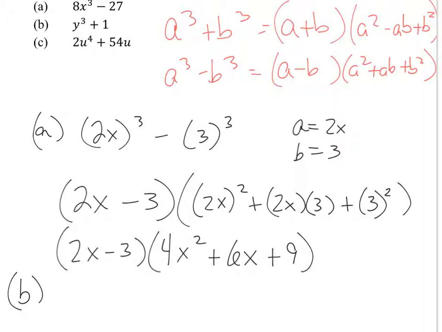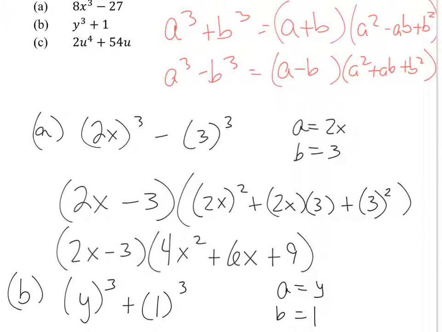Okay? Good question. So in part B, we have y cubed, so we can right away see that our cubed is y, right? A is y in this case. And 1 is really just 1 cubed. So this is really what we have for part B: y cubed plus 1 cubed. So as a result, A is y and B is 1.